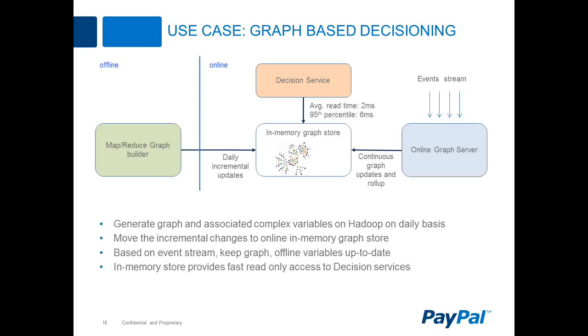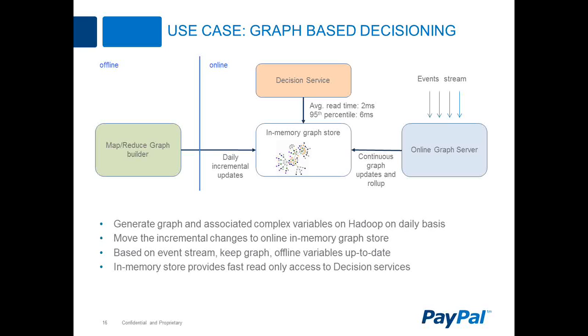Very quickly, I won't go into details of the next use case, but the thing is the power of Hadoop type of systems, or combining online and offline computations, really helps you build very complex decisioning capabilities. Here I'm giving an example of graph-based decisioning. You can build social graphs, because building social graphs is very time-consuming or very computation-intensive.